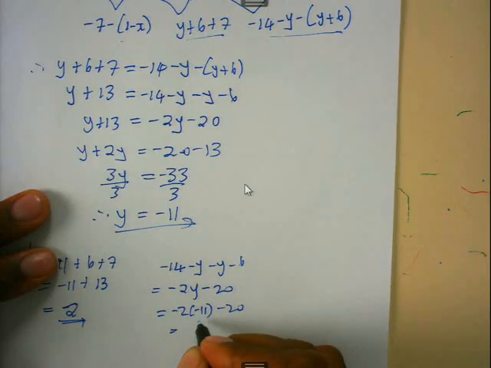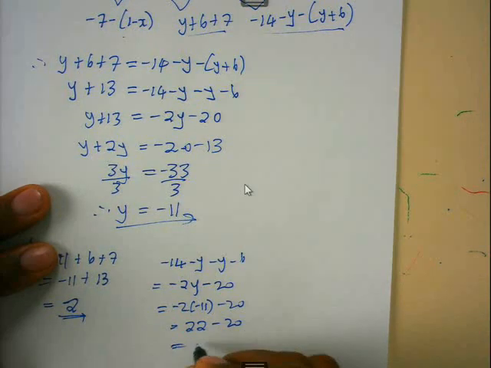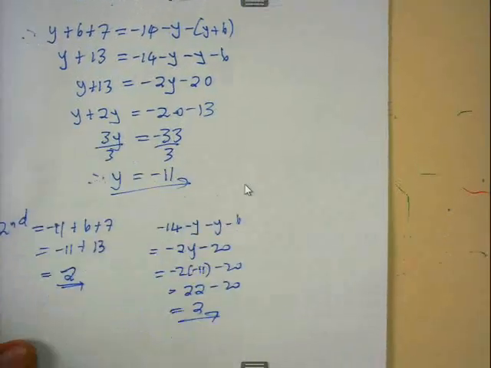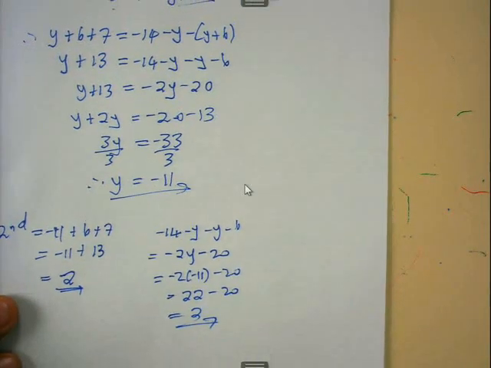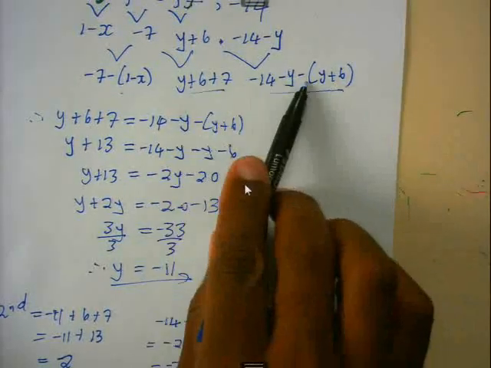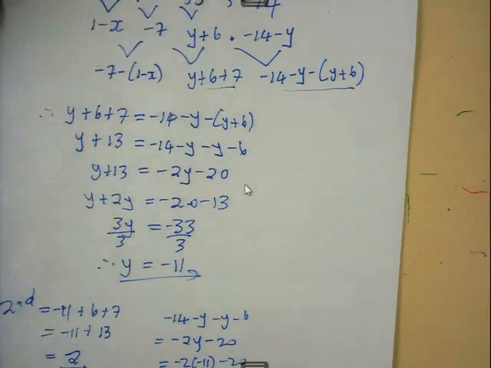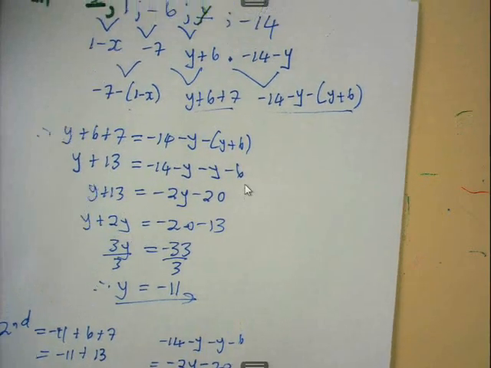Minus times minus is a positive, therefore you have 22 minus 20. Look, the answer there is still 2. Therefore, you need to take one of the two. Why one of the two? The second difference must be the same. Right. Boys and girls, I believe that you have this question right.